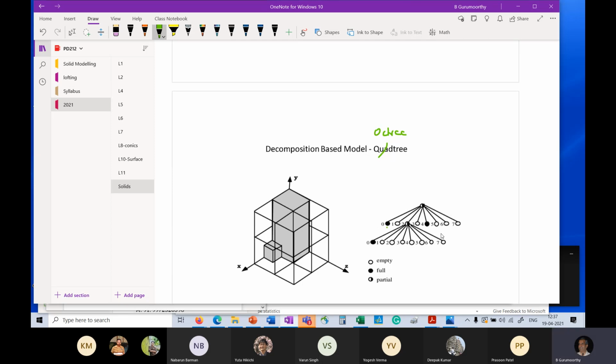The reason for this is that you're using a much smaller number of cells. Because instead of storing, I don't know how many cells in the previous picture, here you need to store only 1, 2, and 3. Except that this is of a different size based on the level it is in.